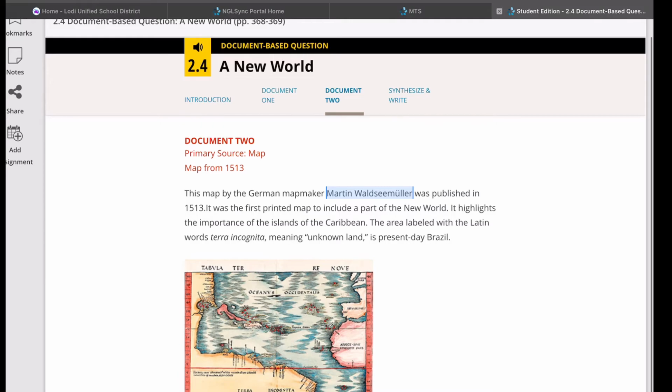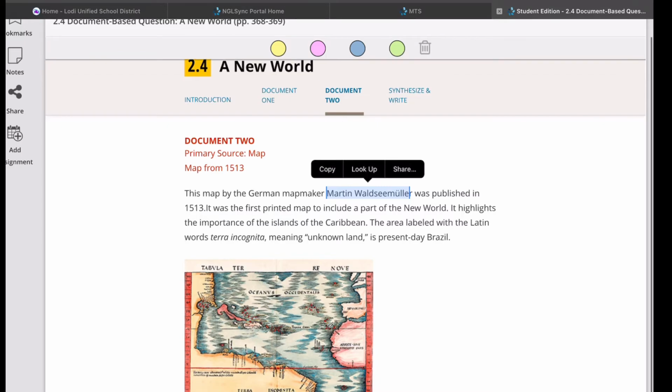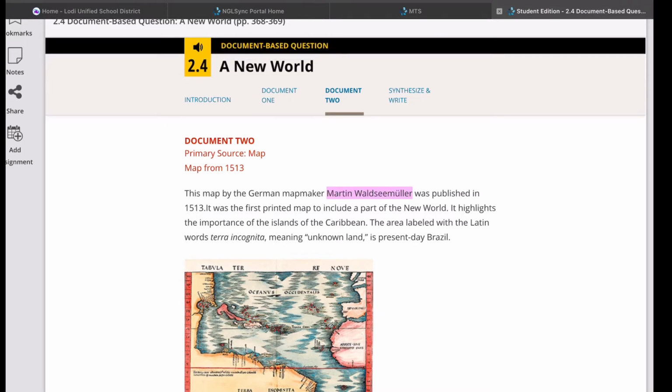So in creating the 1507 map, Waldseemüller likely had access to the letters of Amerigo Vespucci. It may sound familiar; he concluded that the lands reached by Columbus in 1492 were a new continent. So to honor the accomplishment, Waldseemüller used Vespucci's name and labeled the newly discovered continent, quote-unquote, America.